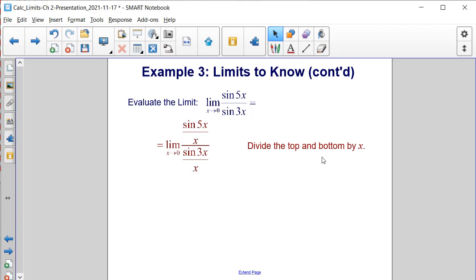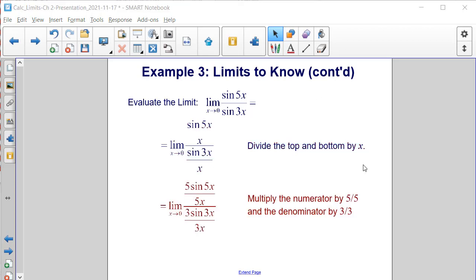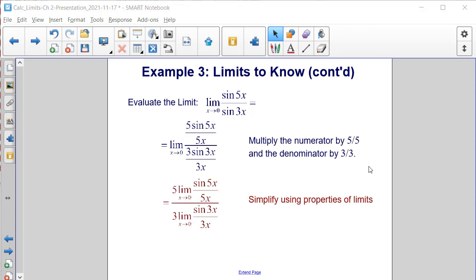We can start by dividing the top and bottom, or the numerator and denominator, both by x. When we do that, we will get the sine of 5x divided by x over the sine of 3x divided by x. Then we can multiply the numerator by 5 over 5, which equals 1 and doesn't change its value, and the denominator by 3 over 3. Again, it equals 1, so it doesn't change the value.